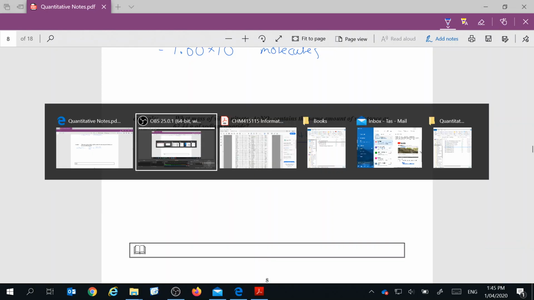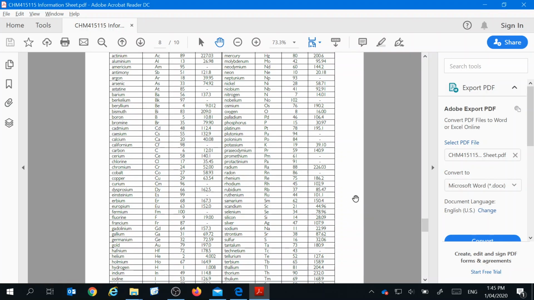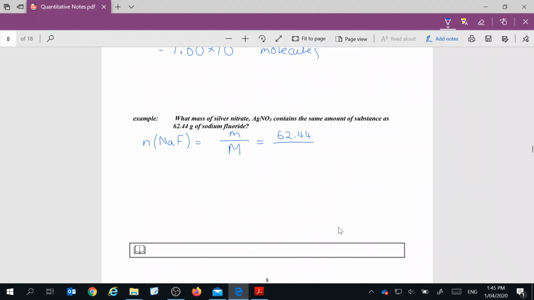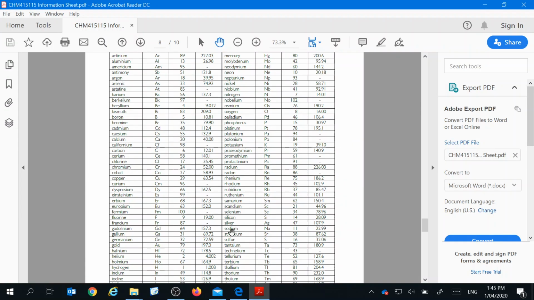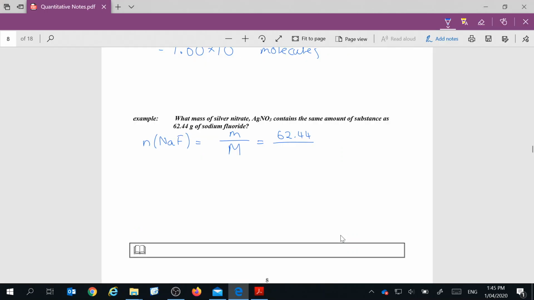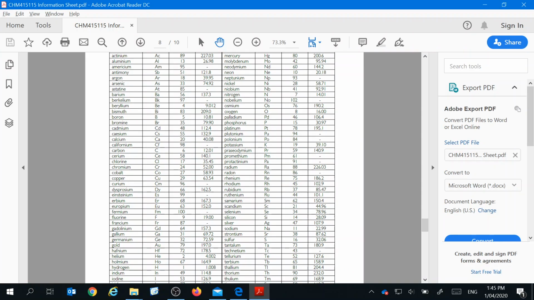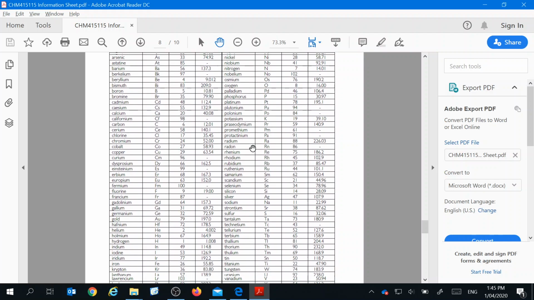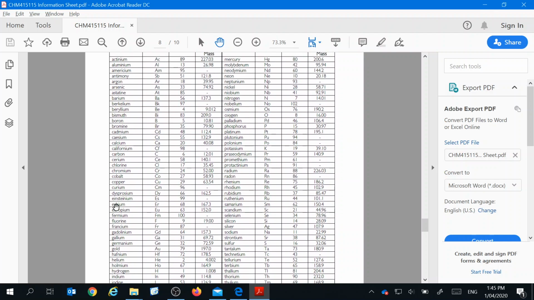What is silver? Silver, 107.9. Oops, I don't want silver, I want sodium. 22.99. And fluorine, with an F, is 19.